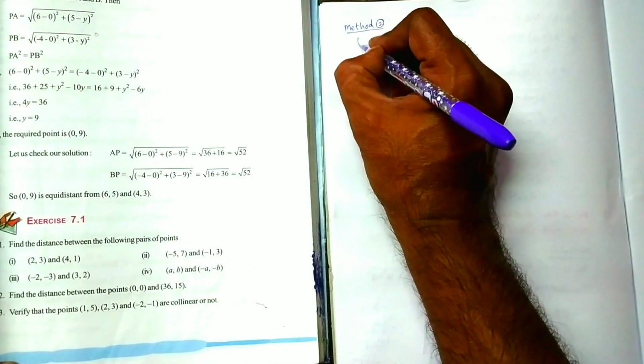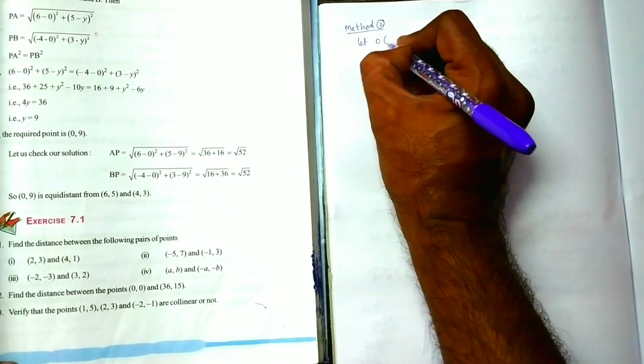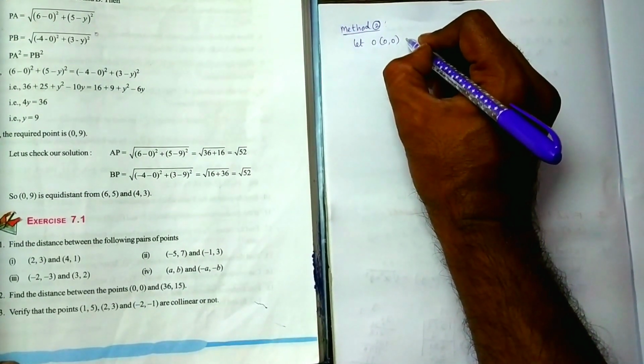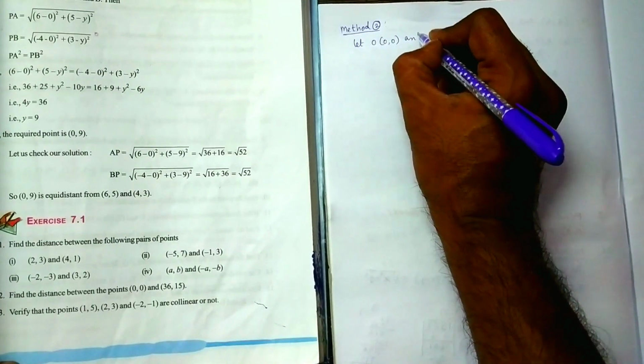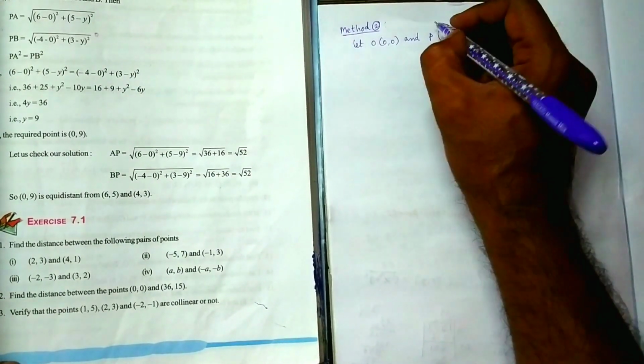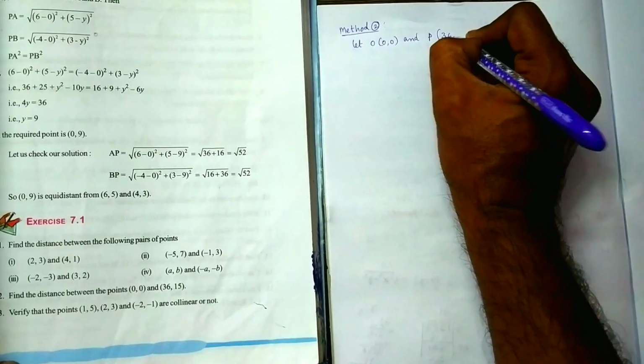So let O be 0 comma 0 and P be 36 comma 15.